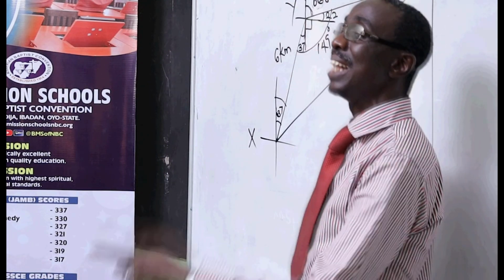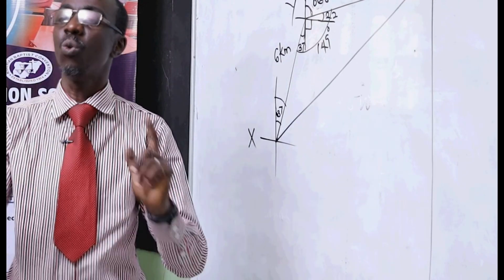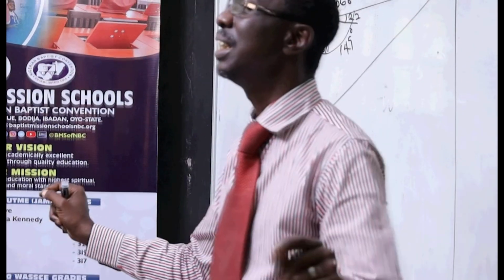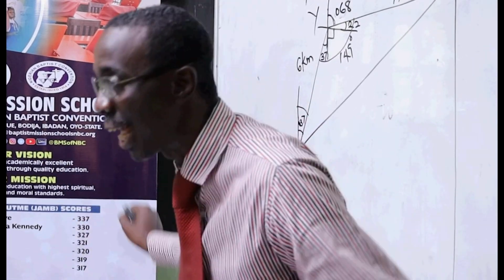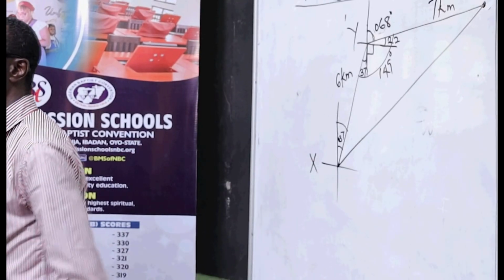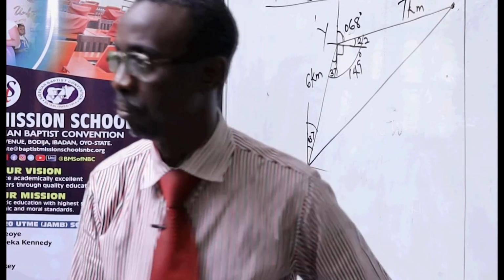And when you see an included angle, it is a signal that it is only the cosine rule that you can use to find the only unknown side in that triangle. Please, students, let's note that it may not appear in bearing and distance. It can appear in any triangular problem.